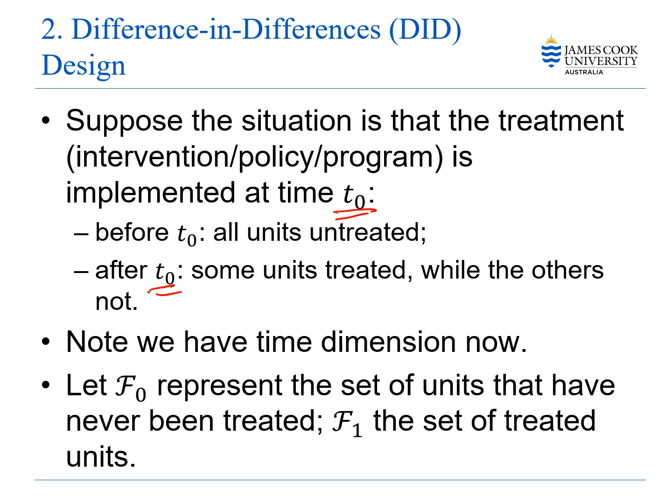So now we have a time dimension in our setup. Let F0 represent the set of units that have never been treated, and similarly F1 be the set of units that are treated after T0. We are going to call F1 the group of treated units and F0 the group of control units.